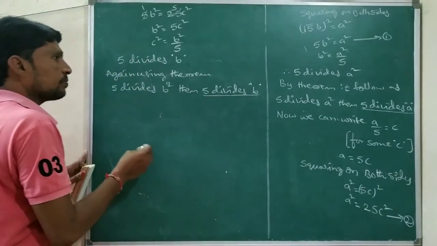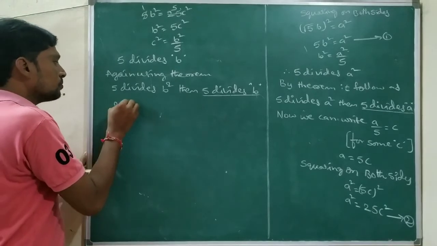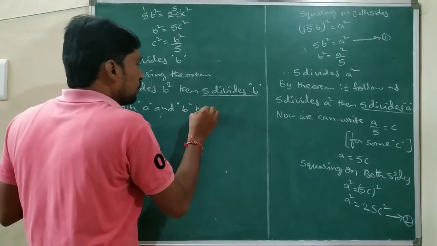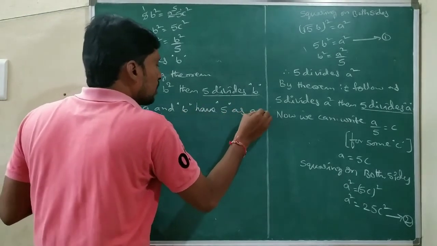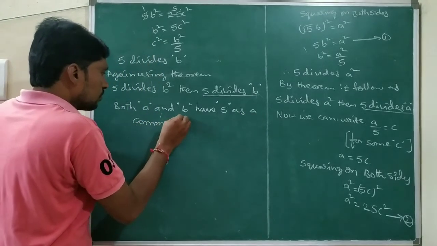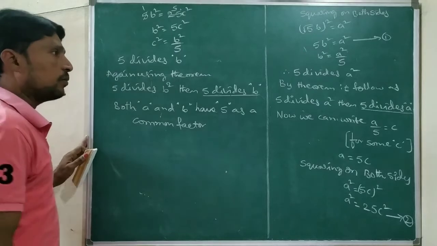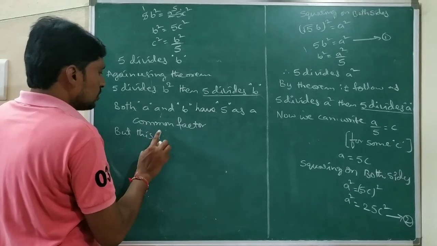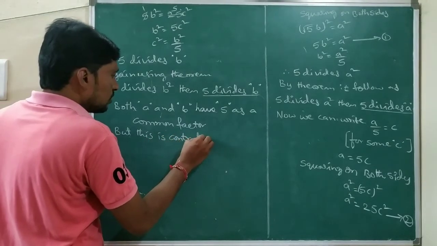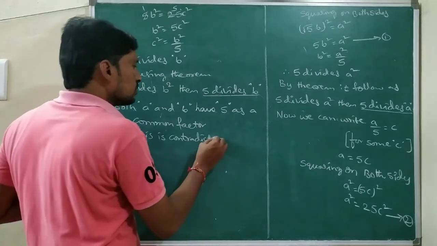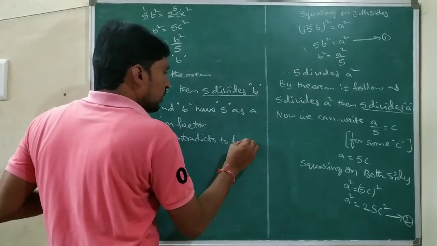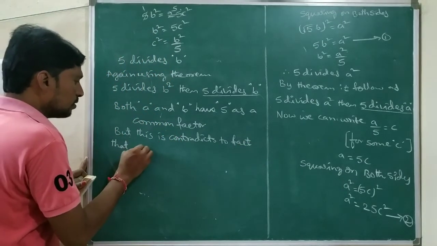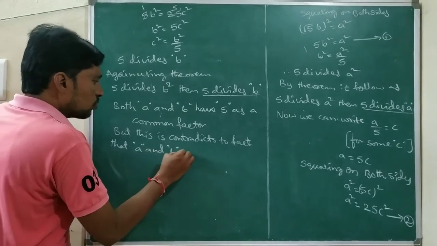So here we can write, 5 divides b. Both a and b have 5 as a common factor, but this contradicts the fact that a and b are co-primes.